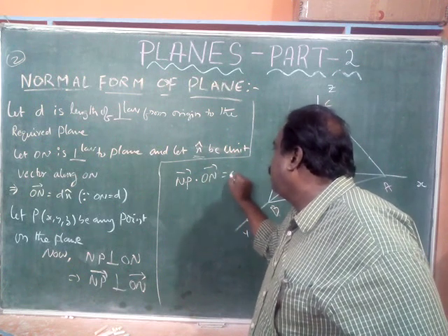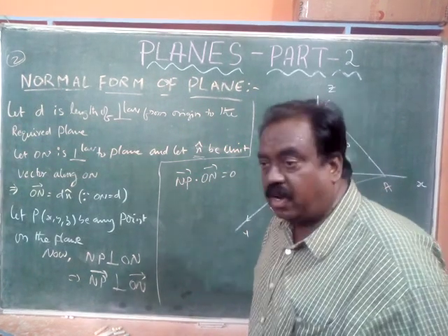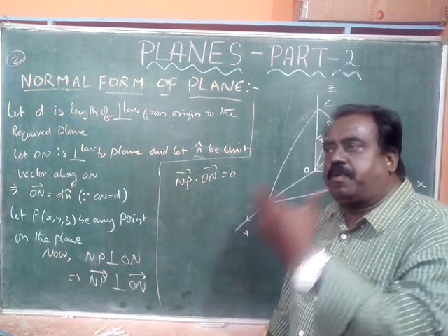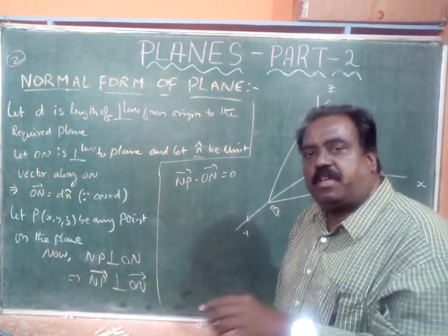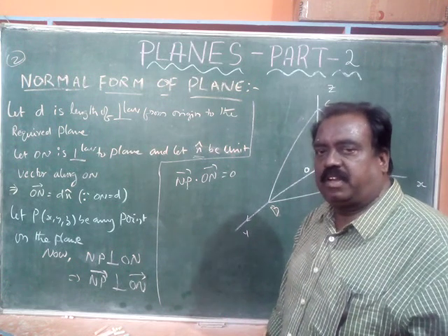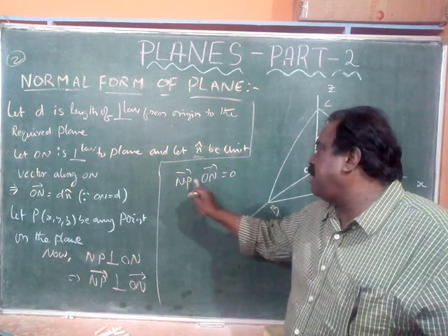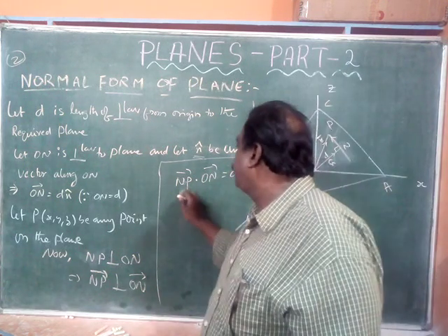Not 0 bar, simply 0. You see, A bar is perpendicular to B bar, then A dot B is equal to 0. We know it because cos 90 is 0. So NP bar dot ON bar is equal to 0.